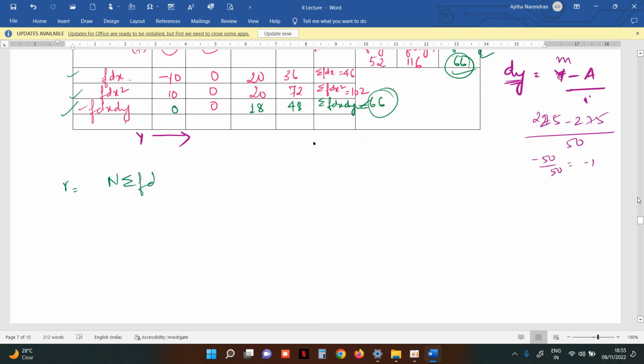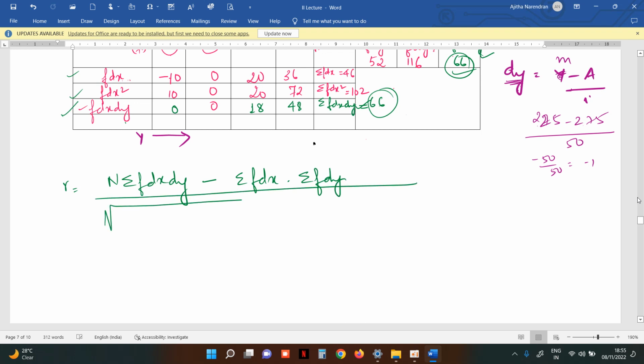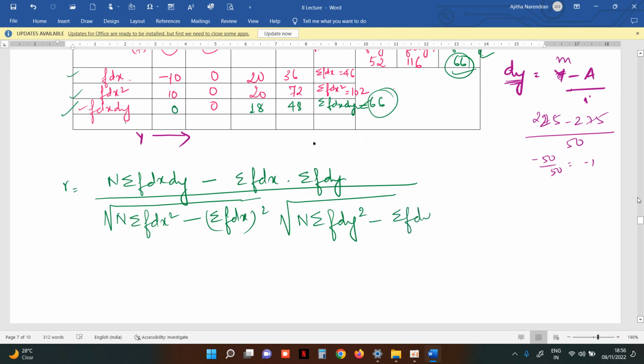Summation of f dx dy minus summation of f dx into summation of f dy, whole divided by root over n summation of f dx square minus summation of f dx whole square, root over n summation of f dy square minus summation of f dy whole square. Right, this is how we have got the value, and accordingly you can solve the sum. Just put the values and solve the sum.